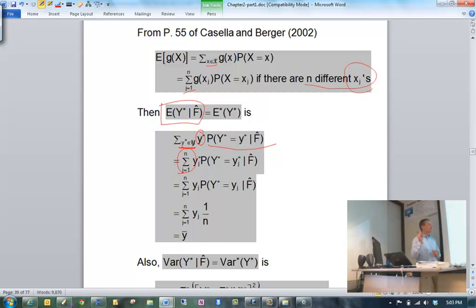And then what's interesting is this. We also know that these y stars can only be equal to y1, y2, down to yn. So we're resampling with replacement from a fixed set of values. So I can drop off the stars on these little lines. What's this probability then? 1 over n, and thus you get y bar. So in a nonparametric bootstrap setting, expected value of y star given f hat is y bar, which makes sense.